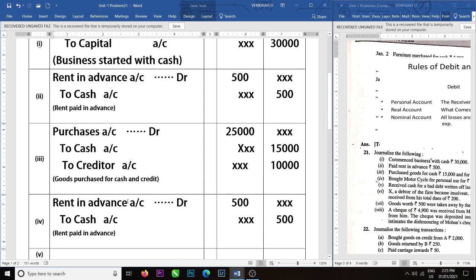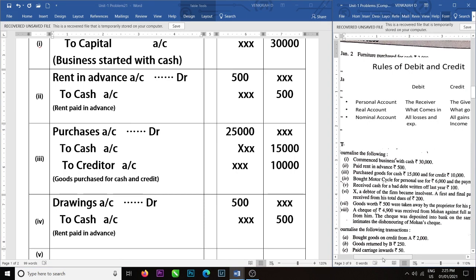So personal use is called drawings. Motorcycle purchased for personal use.